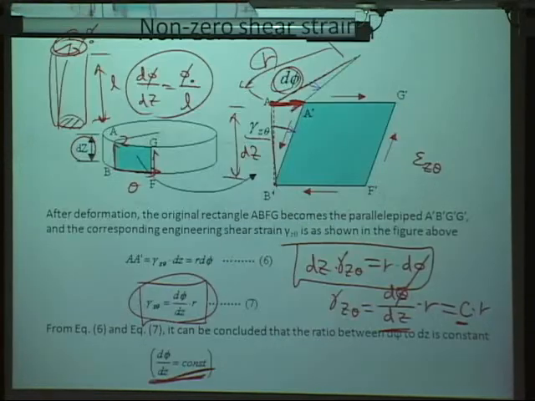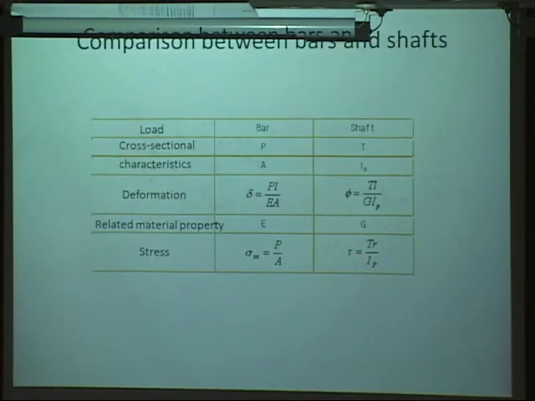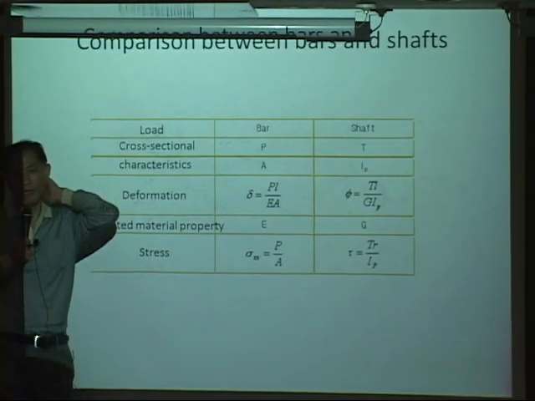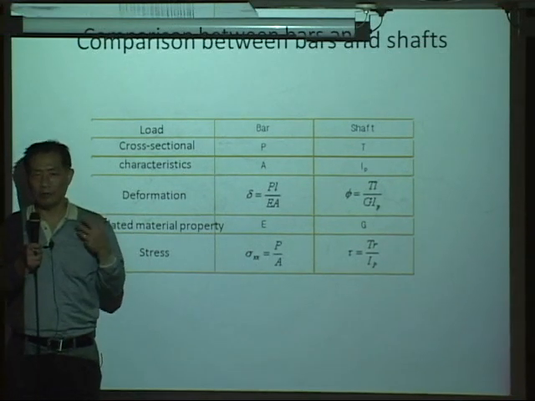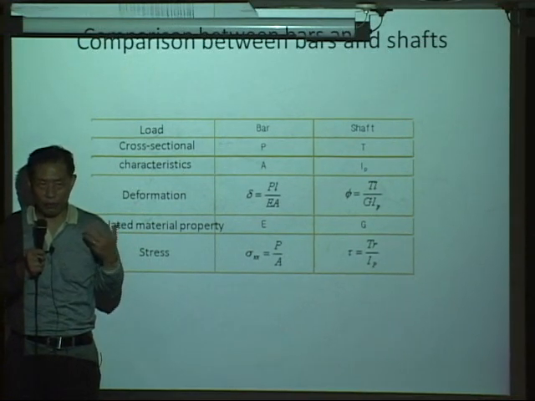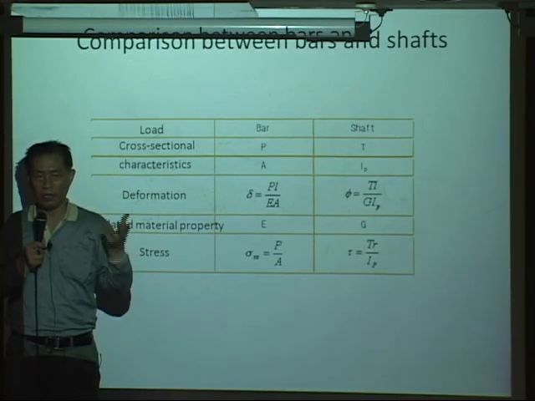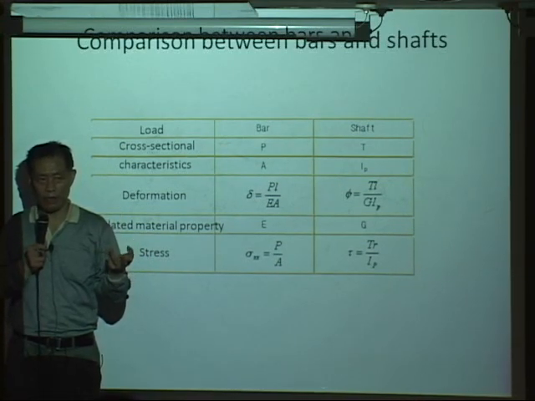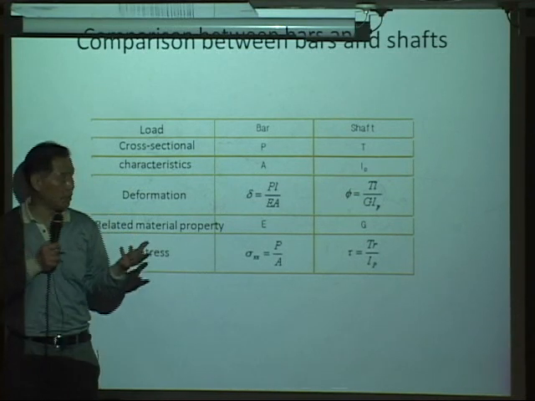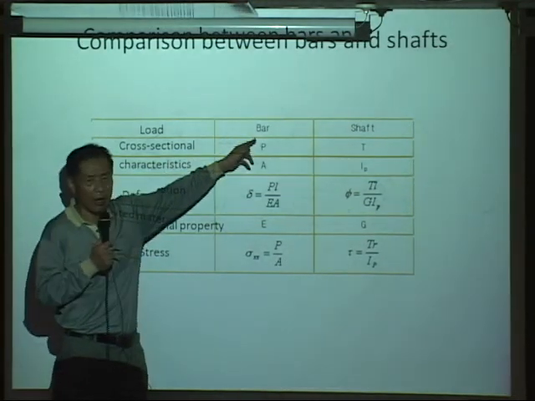Now let's get back to this comparison. Even though we went through a very complicated procedure for this torsional theory, the final form can be easily compared with those for the bar.